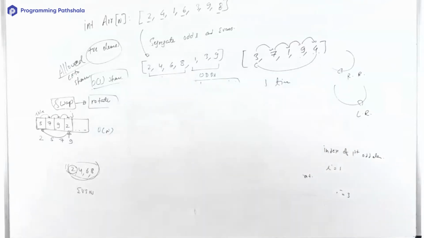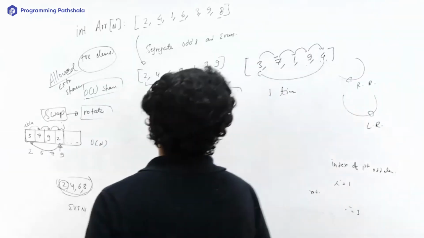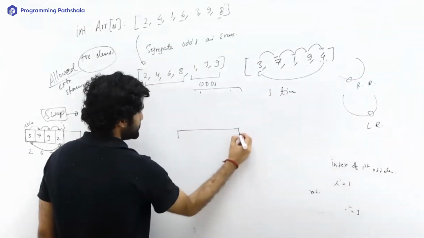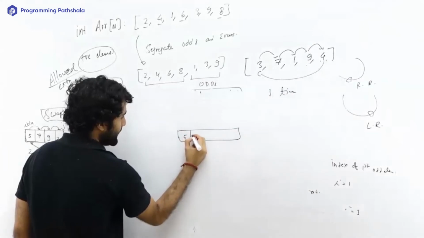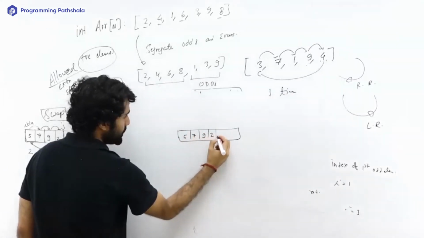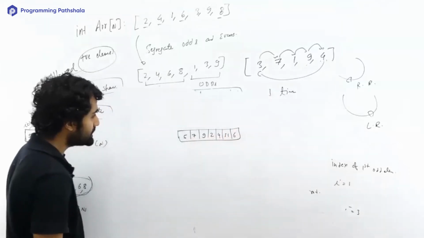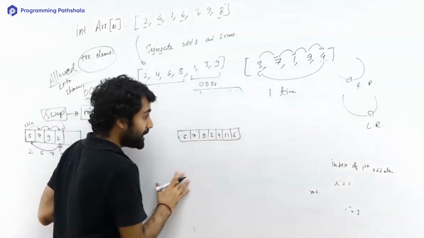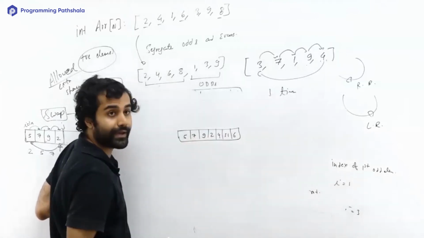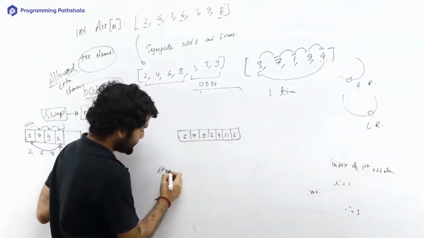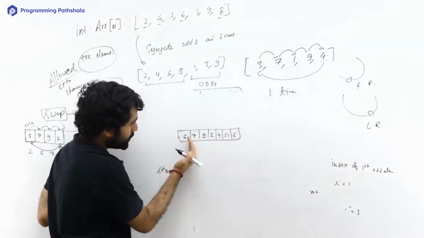Okay. So can everyone implement this idea? Yes or no? Okay. So let's say you had an array like this, 5, 7, 9, 2, 4, 11, 6. So you somehow find the first index where an odd element is present. Here that index is 0. And now you start iterating on the array.